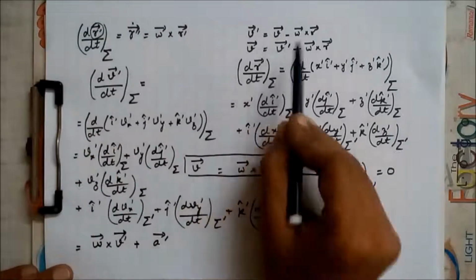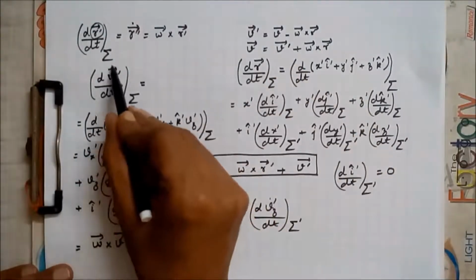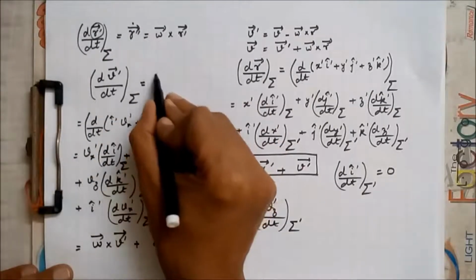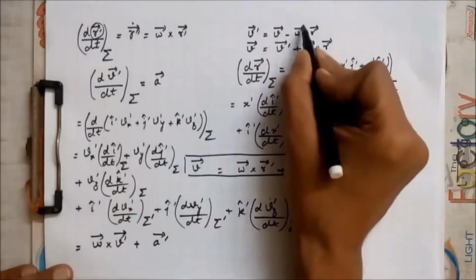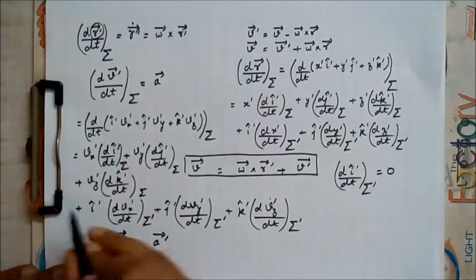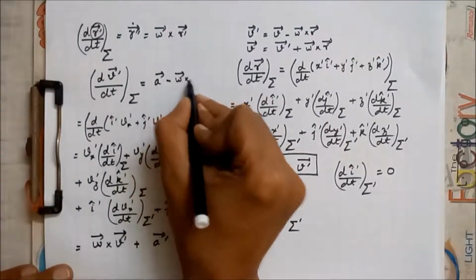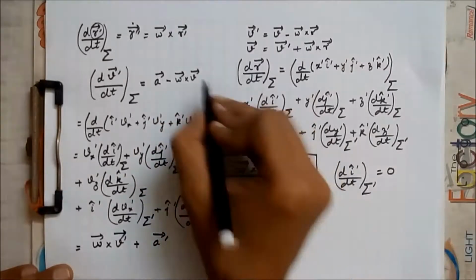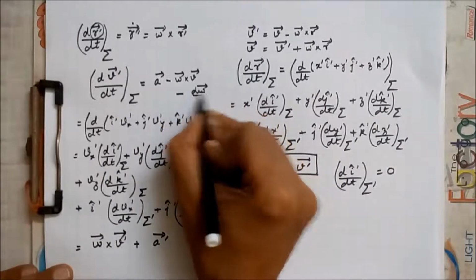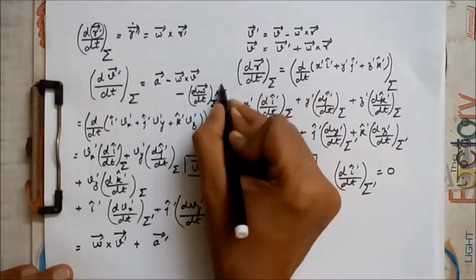Now we also know that v primed vector equals v minus omega cross r. So if I substitute v minus omega cross r in place of this, I shall get an a vector, and differentiating this with respect to time as seen from the unprimed reference frame, I shall get minus omega cross v, and the other term will be minus d omega by dt as done from the sigma reference frame, cross r.